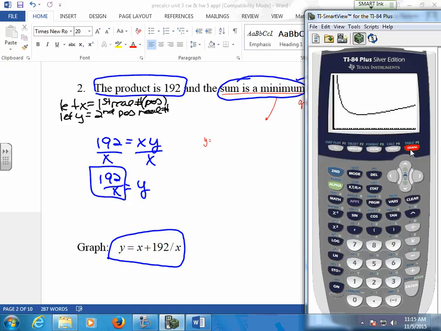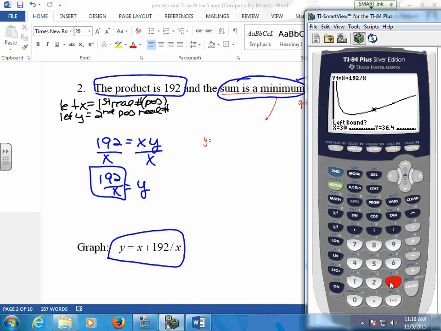Now watch, I want to show you something. If it's hard for you to locate your minimum here, change your X value and make it a little higher. So say if I go to 60, it's going to make this curve a little bit sharper. So now is my minimum a little easier to find? So my minimum says second calc, give me a minimum.